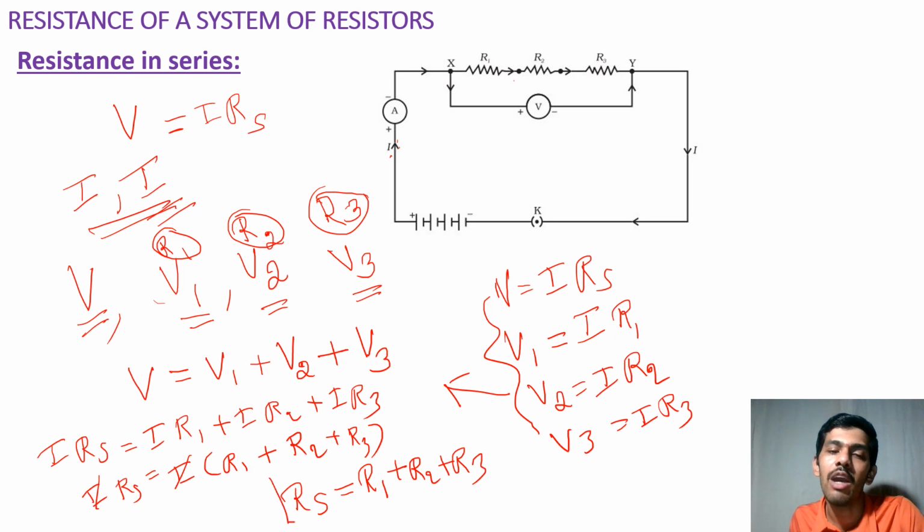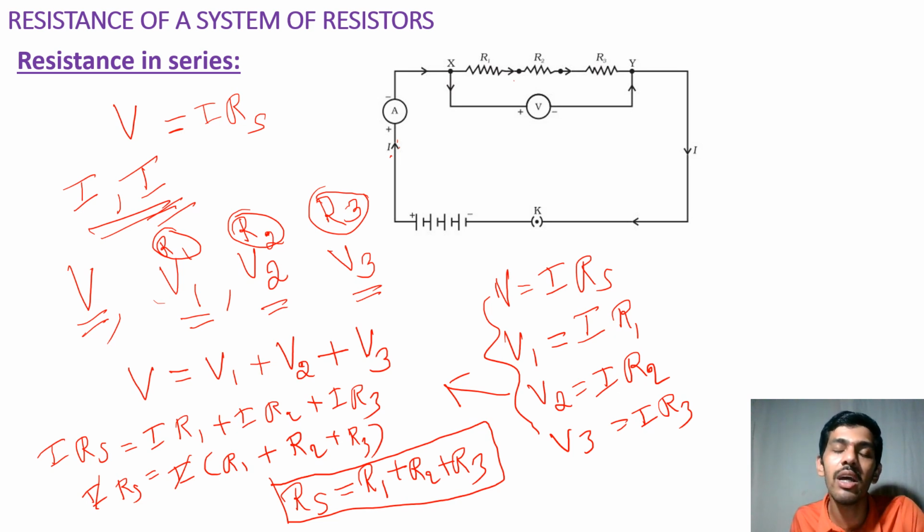That means the effective resistance of resistors in the series combination is equal to the sum of the individual resistances. This is a very important formula from your examination point of view as well as problem solving point of view.